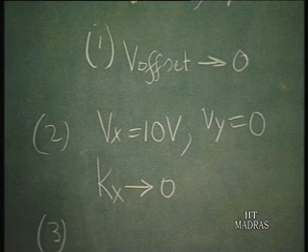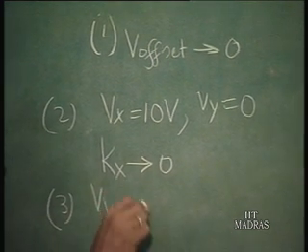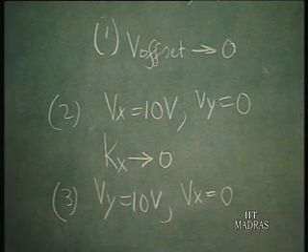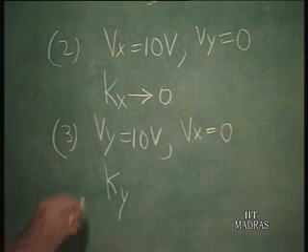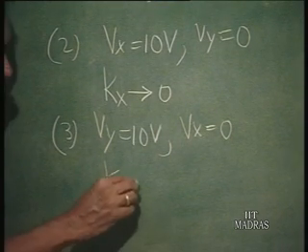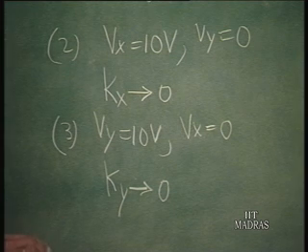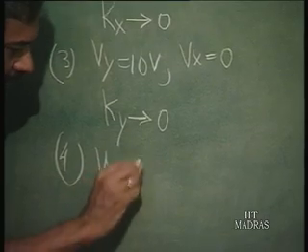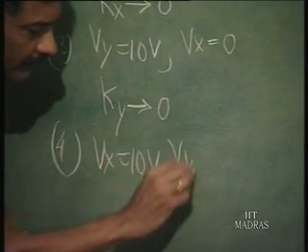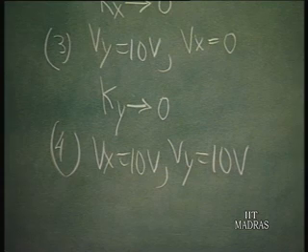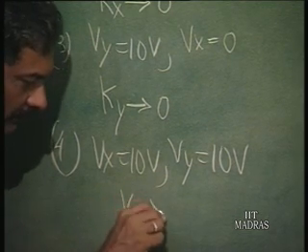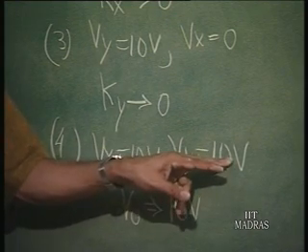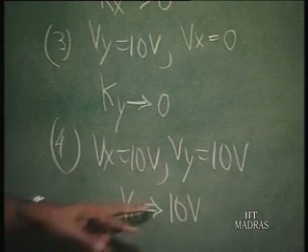Then the third adjustment is obviously Vy equal to 10 volts and Vx equal to 0 volts, and now the only thing that can come out is Ky, or y feed through component. This is going to be adjusted to 0, and finally make Vx equal to 10 volts, Vy equal to 10 volts, and adjust such that V naught goes to 10 volts.